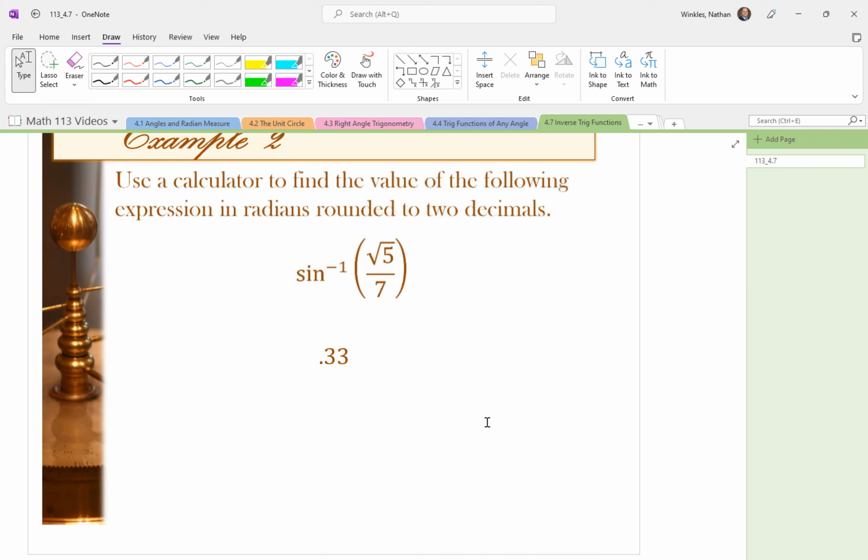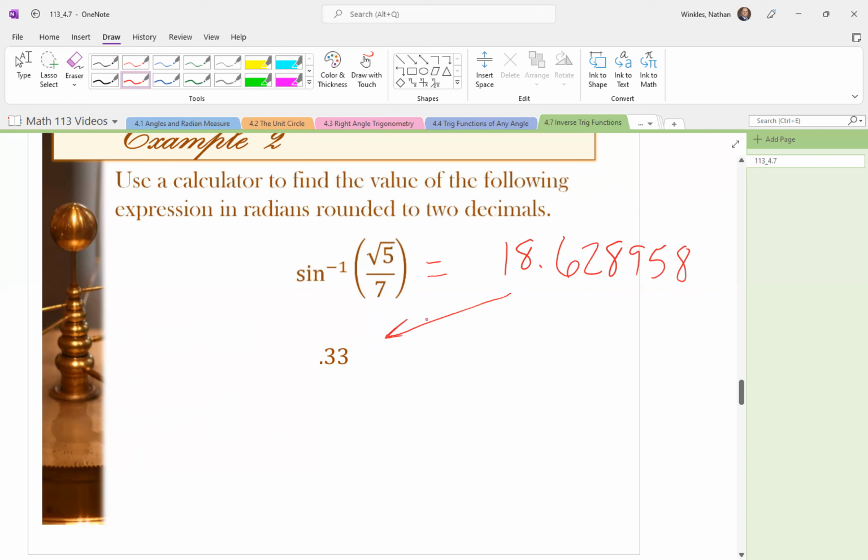For this one, it says use a calculator to find the value of the following expression in radians rounded to 2 decimal places. So if we were to bring up our calculator and do inverse sine of √5 divided by 7, it might give me this right here.